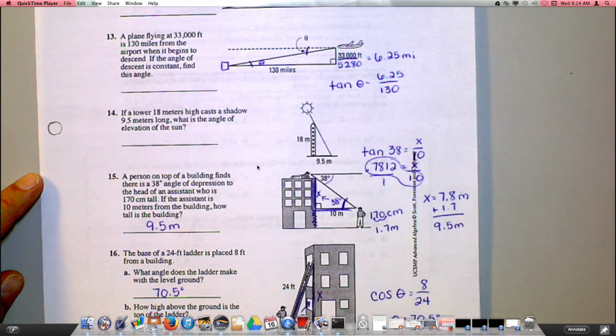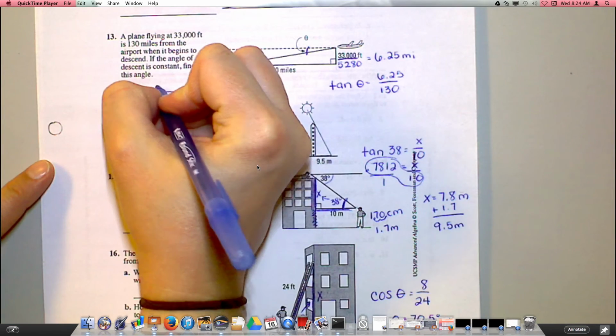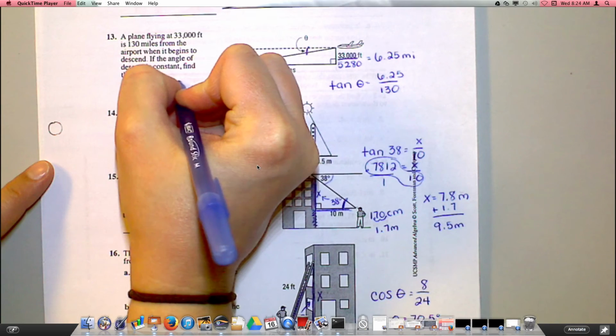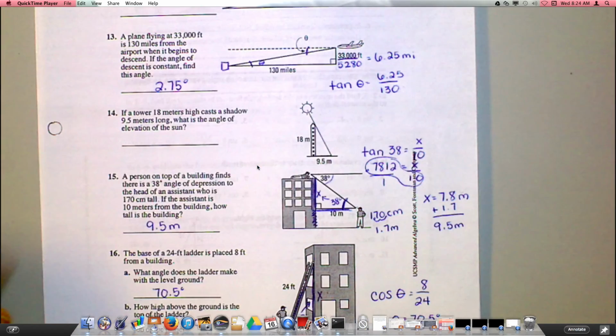Anybody have it? 2.75? That sounds about right. It's going to be a really tiny angle. Planes are not going to descend at a 45-degree angle. That would be terrifying. Questions on that?